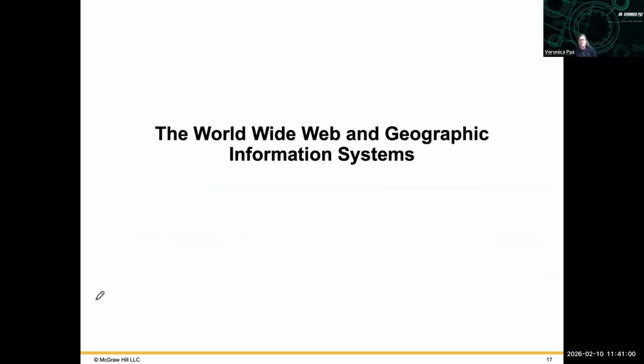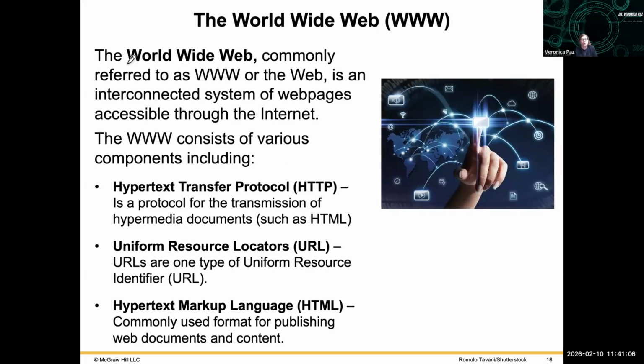So the World Wide Web and the GIS systems, the Geographic Information Systems. The World Wide Web, www, right? It's just a bunch of web pages that we're able to access from anything. And it has different components. We have HTTP, which is a protocol for transmission of hypermedia documents, HTML, right?